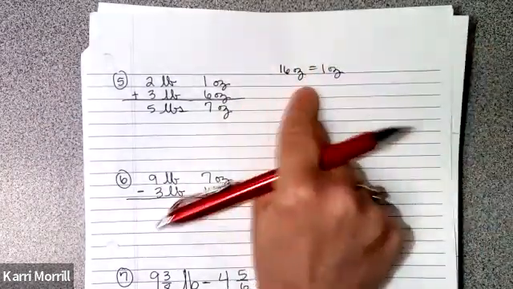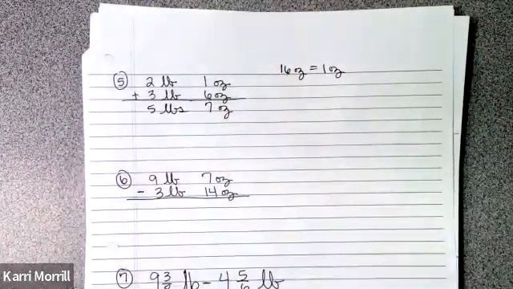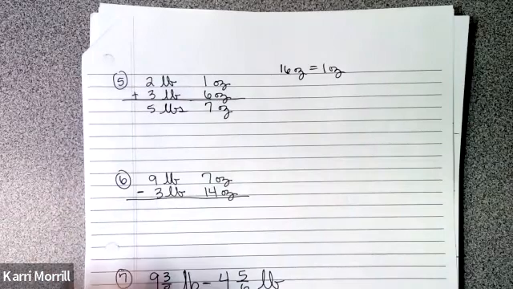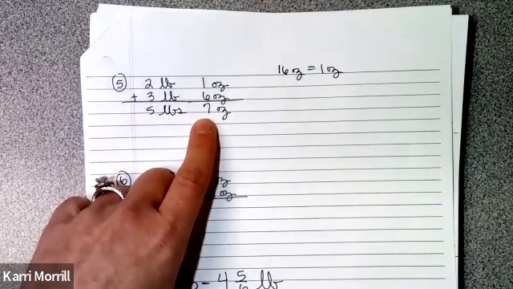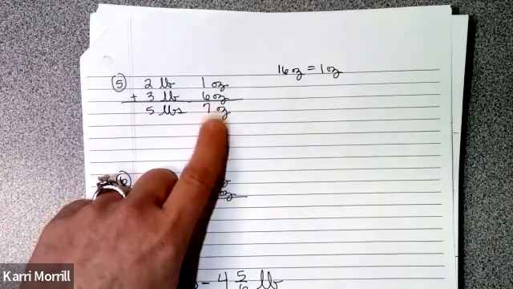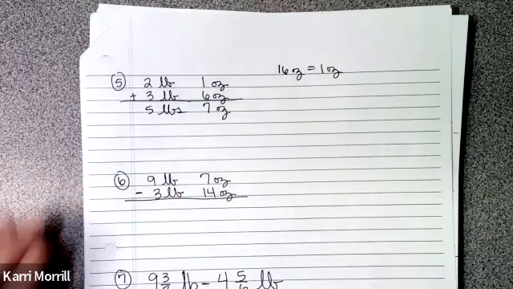Right, 16 ounces in a pound. So since that's less than 16, it's not like I have to regroup that and add a pound back to the pound spot because there's not a full pound right here. If that was 17 ounces, wouldn't we have to do that? Yeah, we'd have to say, okay, there's a pound within this with 1 ounce left over. So you'd have to regroup it and change that.